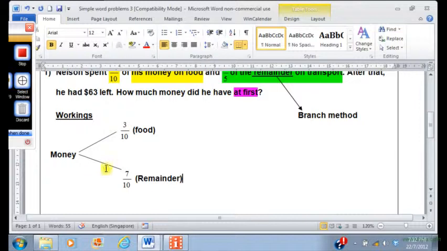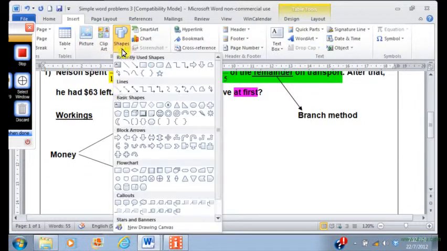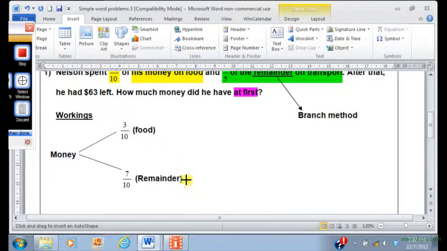Now what happens from the remainder? We're going to branch out again.